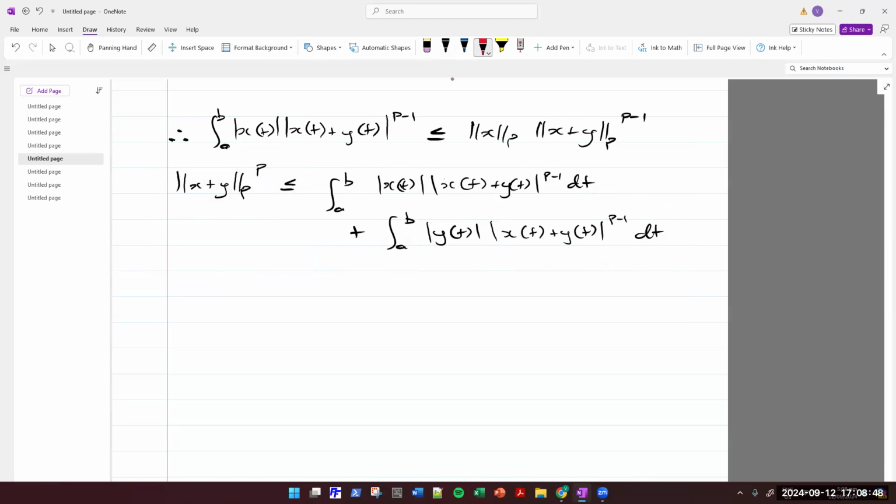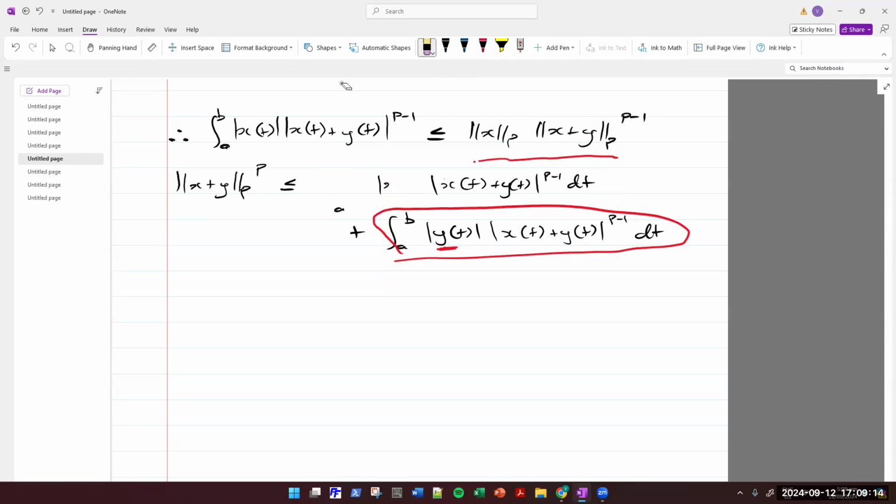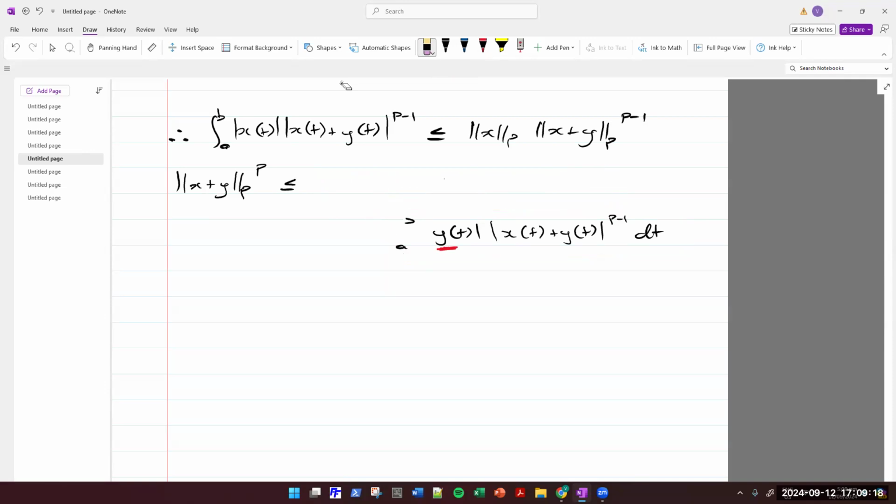What we just did was we just worked out this part, right? This part is this guy up here, and it's less than or equal to this thing. And if you look at this second part, we're not going to do this calculation again because it's the same thing, except instead of x, you have a y. So I'm just going to sub all of this into 1. So that's where it came from.